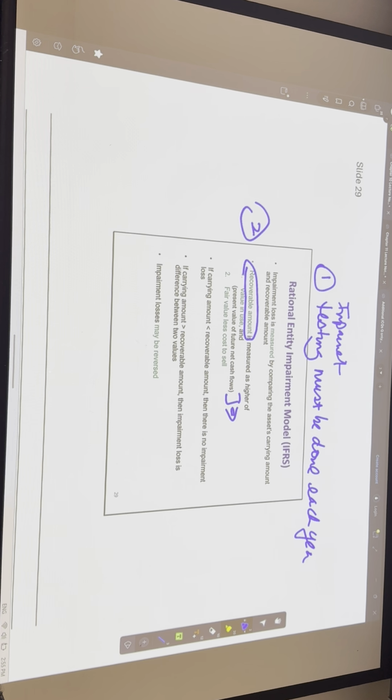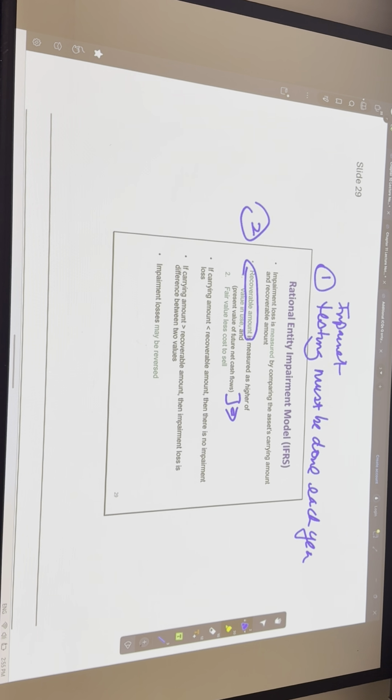If I'm only going to get $100 million of future cash flow, present value today, by using the asset, but if I were to sell it today, I get 120 million, why would I not sell it today? I'm making an extra 20 million. A rational person would say, I'm going to choose the higher of the two. That's why it's called the rational entity model. Once I find the higher of the two, the loss will be the difference between the two.